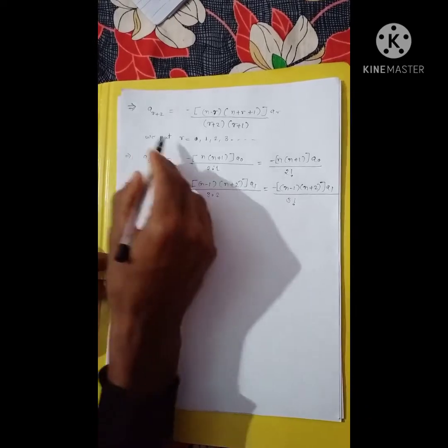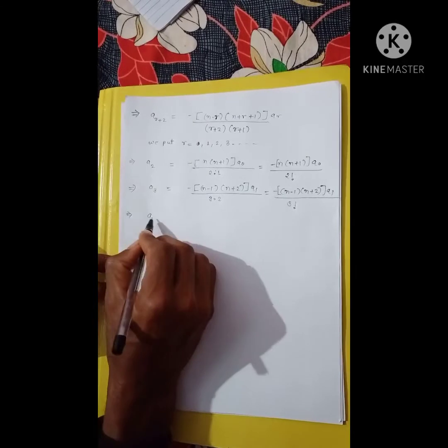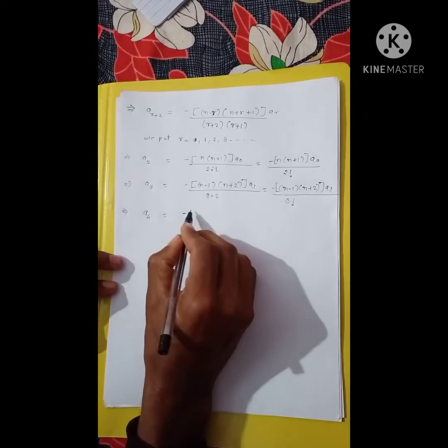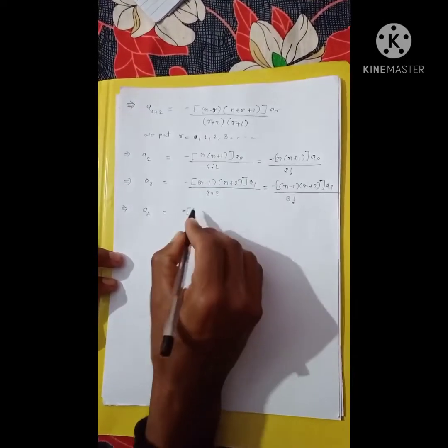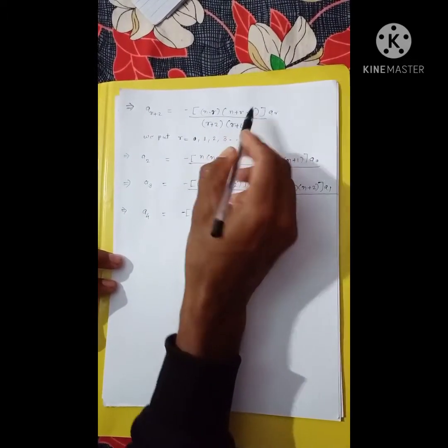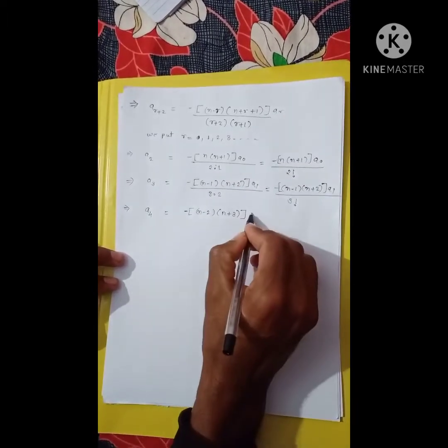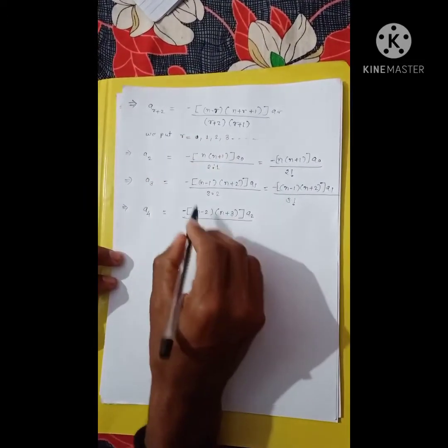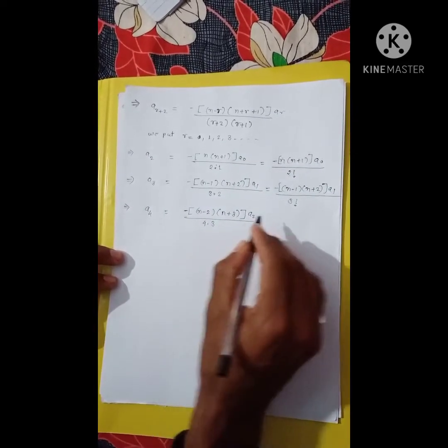And now we put r is equal to 2, then this term becomes a4. So a4 is equal to minus (n minus 2) into (n plus 2 plus 1), which becomes n plus 3, into a2 upon (2 plus 2), which becomes 4, into (2 plus 1), which becomes 3.